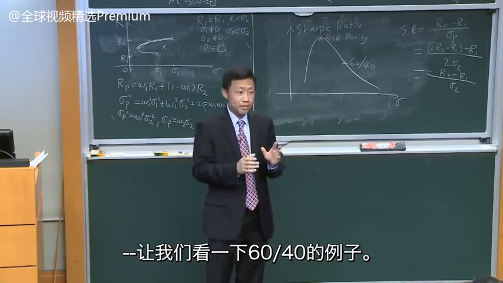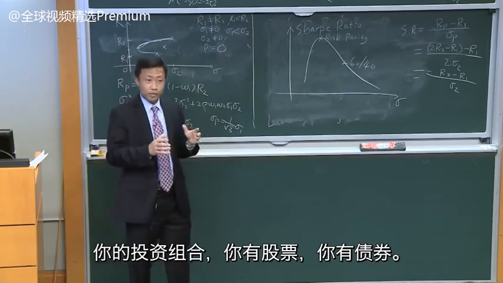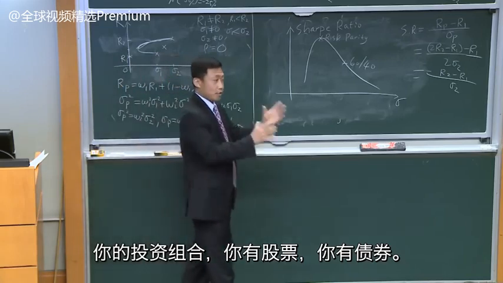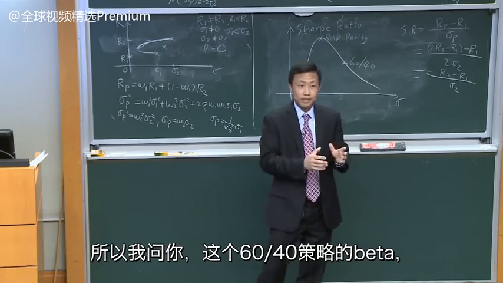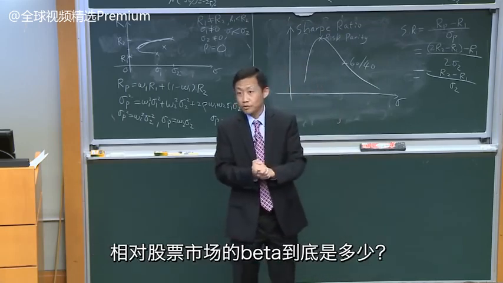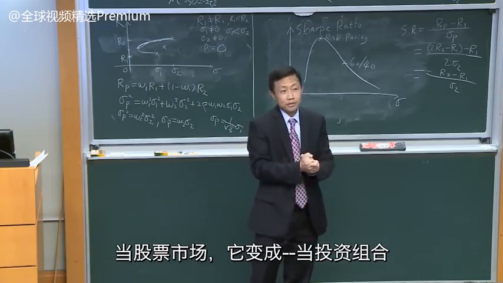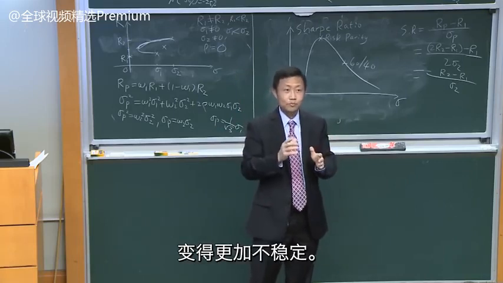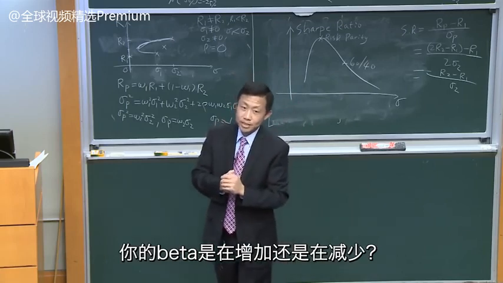Let's look at the 60-40 example. Your portfolio has stocks and bonds in it. So what is really the beta of this 60-40 portfolio to the equity market? When the portfolio becomes more volatile, is your beta increasing or decreasing?